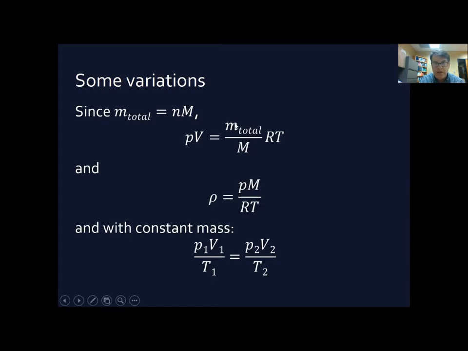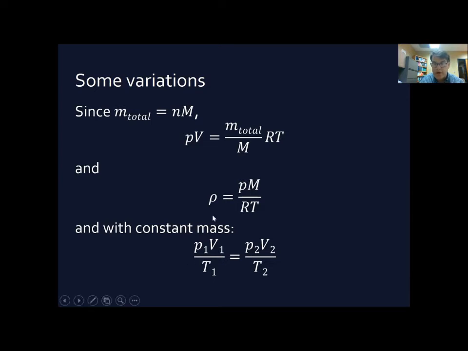With a constant mass, this is constant, and this is constant, and R is constant. So if I divide by T, then PV divided by T equals a constant. And that's going to be true no matter what PV over T is, right?